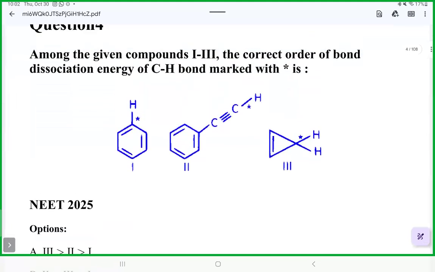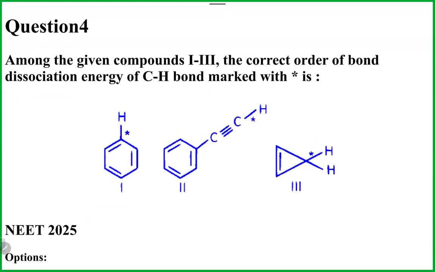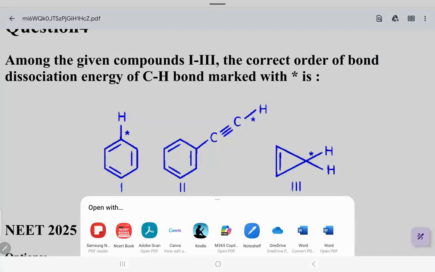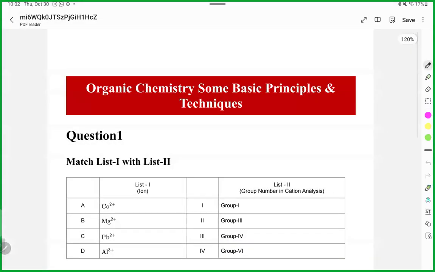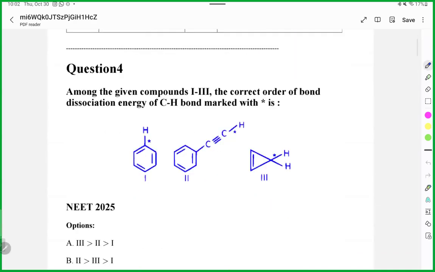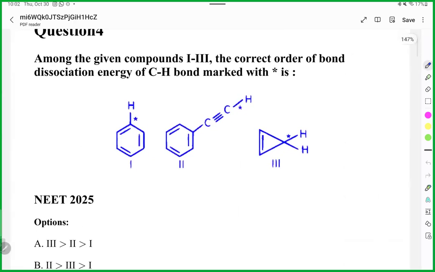Hey guys, this is 2025. Once you look at this, you will feel कि sir, this question is really difficult, sir. But among the following, correct order of bond dissociation energy of the carbon hydrogen bond.